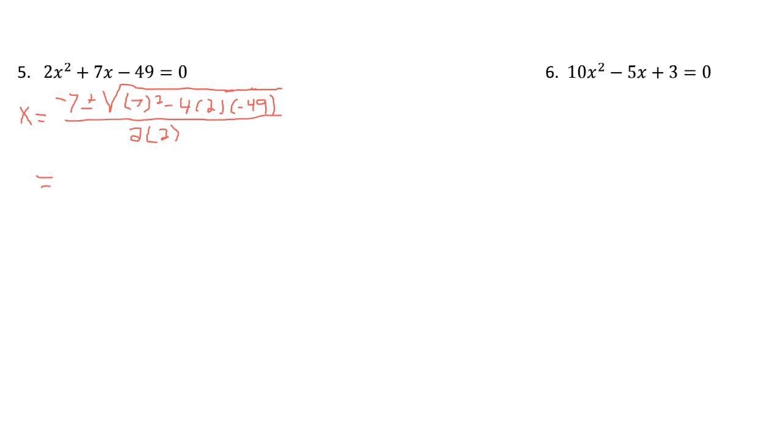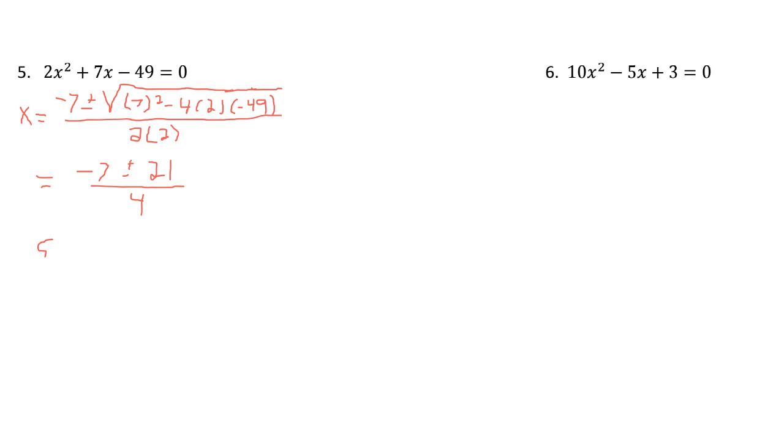So that's going to equal negative 7 plus or minus. What do we get here? 7 squared minus 4 times 2 times negative 49 is 441, and the square root of 441 is 21. Over 4.